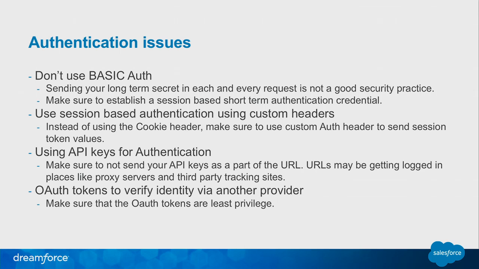So make sure that you are establishing a short-term secret from that long-term secret, and then using that as your authentication credential. Because if it's a short-term secret, and in the worst case, 5 months later it gets compromised, well, it's not valid anymore, so it's not useful, right? So that's still a problem, but that's a more manageable problem than compromising your username and password, right?